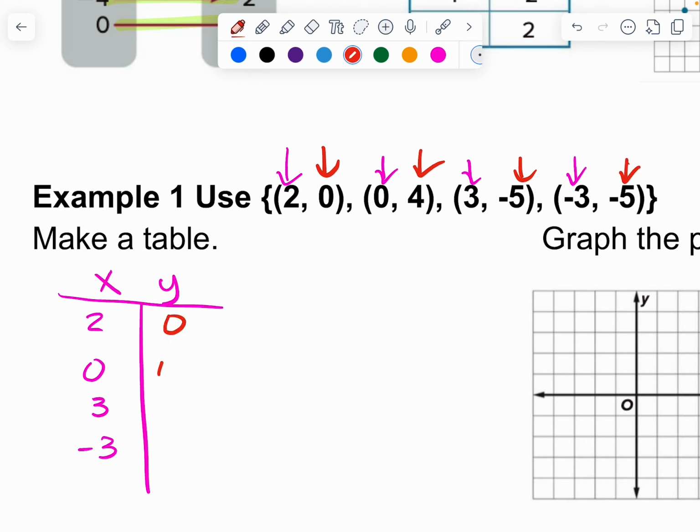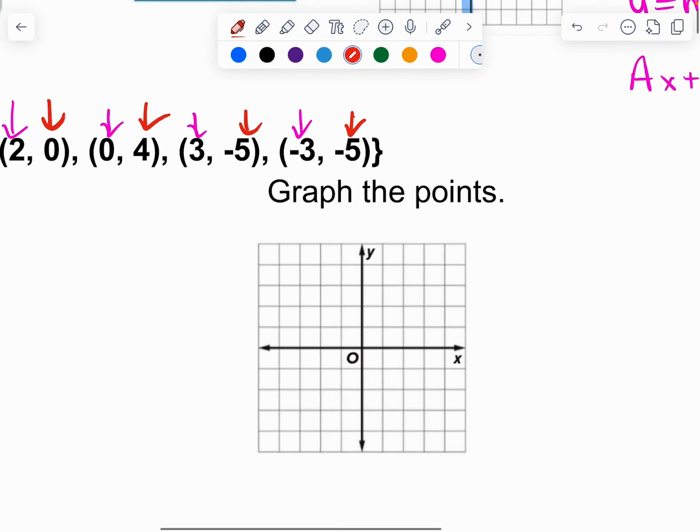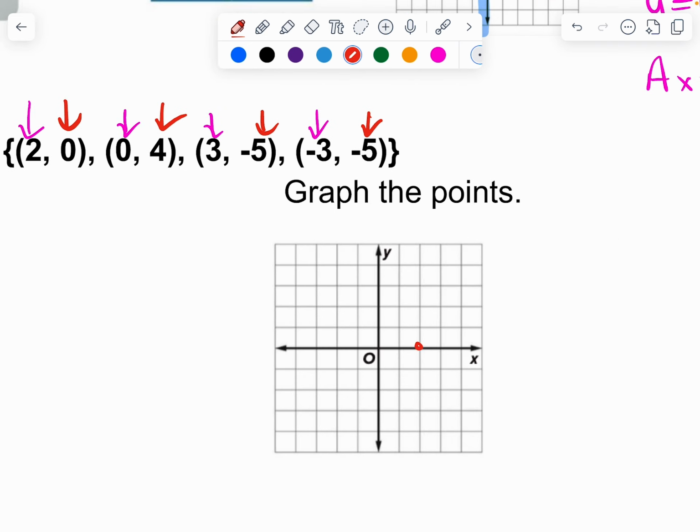Then I plot my points: 2, 0; 0, 4; 3, negative 5; and negative 3, negative 5.